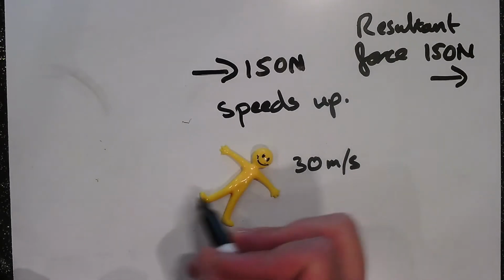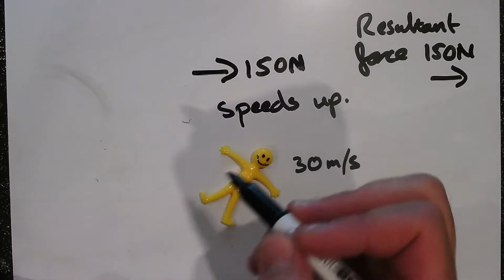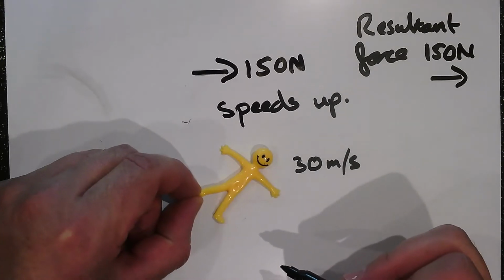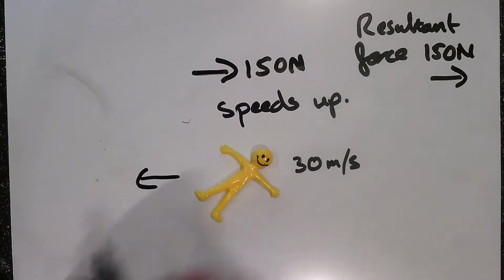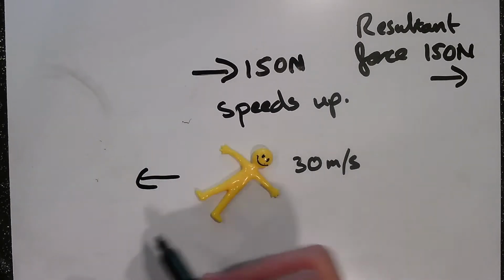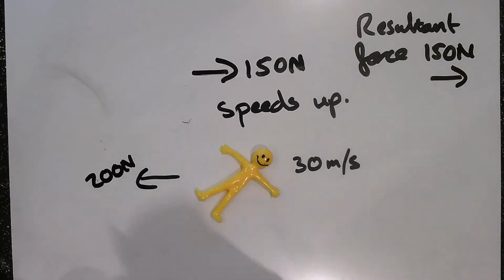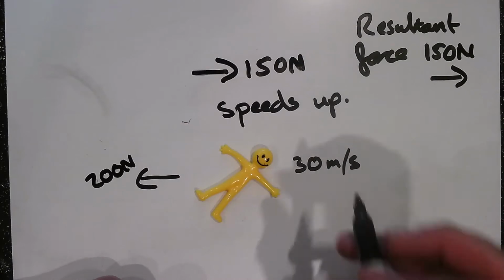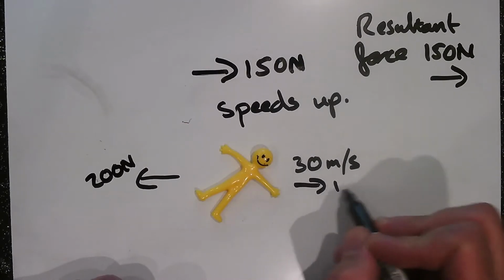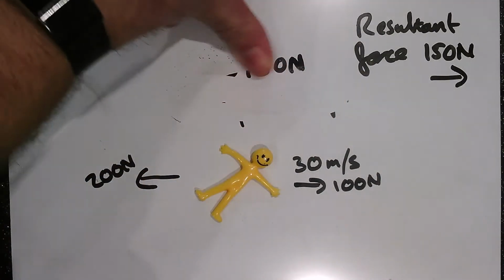But then he catches himself on something like a rope or a pair of fingers that grab onto his leg, and they exert a force in this direction of, say, 200 newtons. He was bombing along down the road, so let's say there was 100 newtons pushing him along.